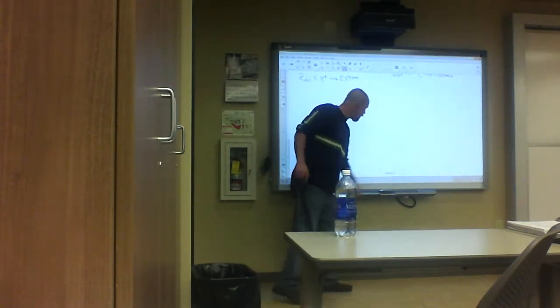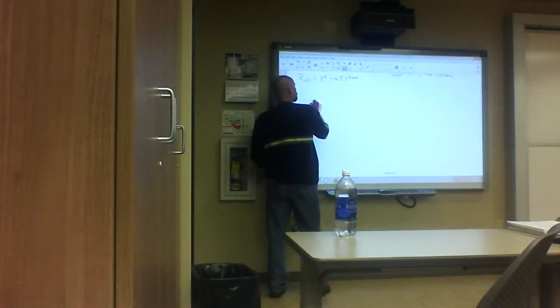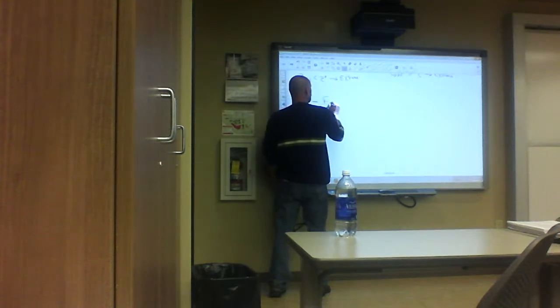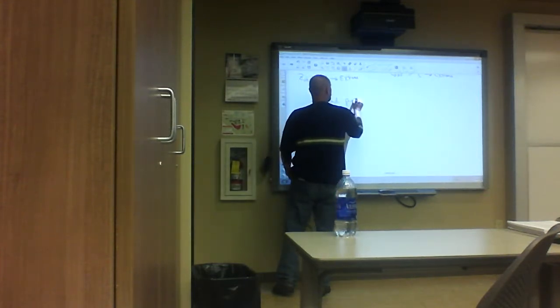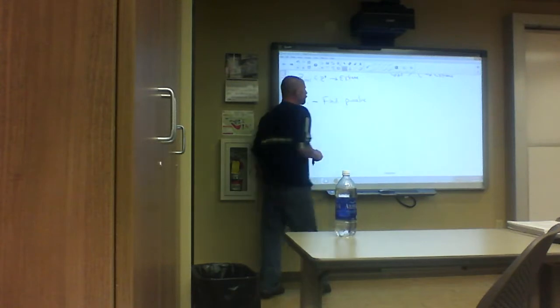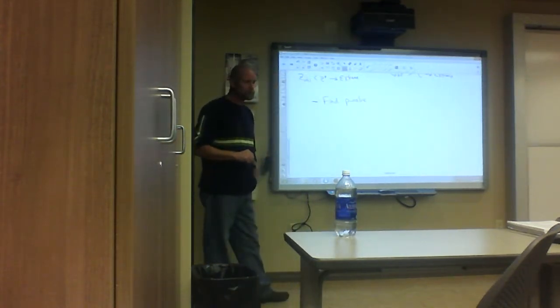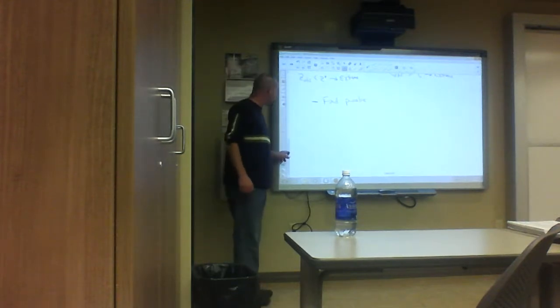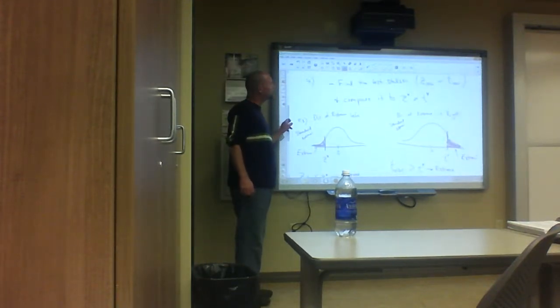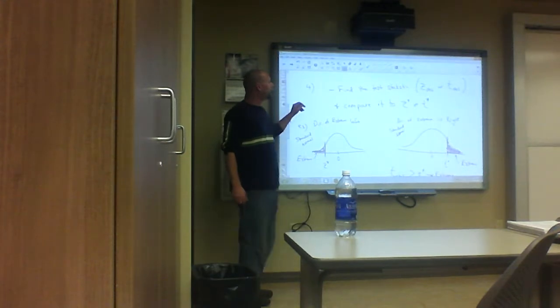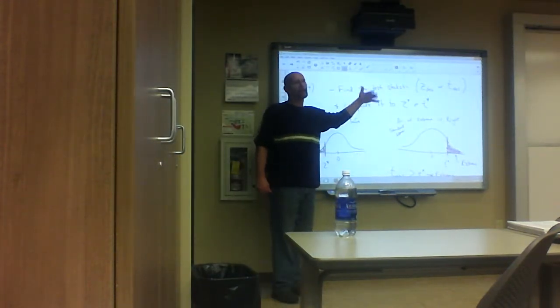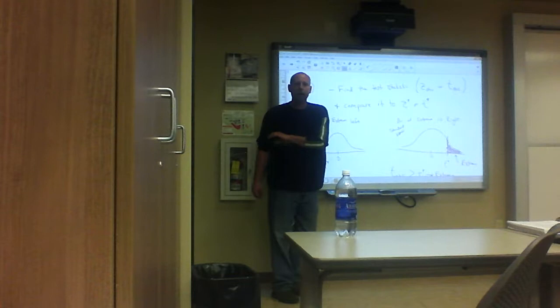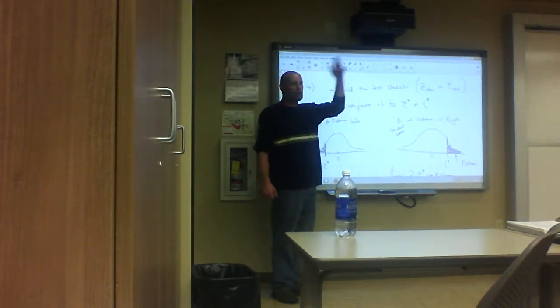Okay? Then, again, in no particular order, we're going to go find our p-value. And the p-value is using the null hypothesis. This is why we tend to find the test statistic first and then use that to find the p-value, because that doesn't depend on any mean or standard deviation because we already standardized it.